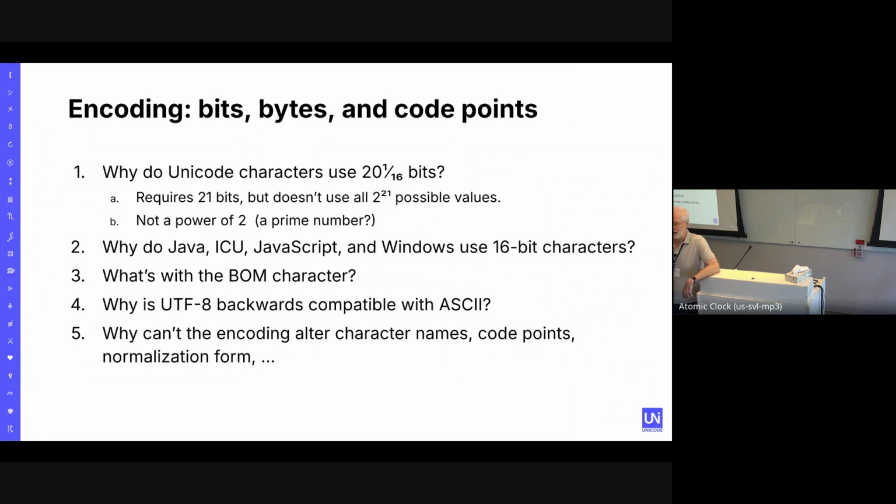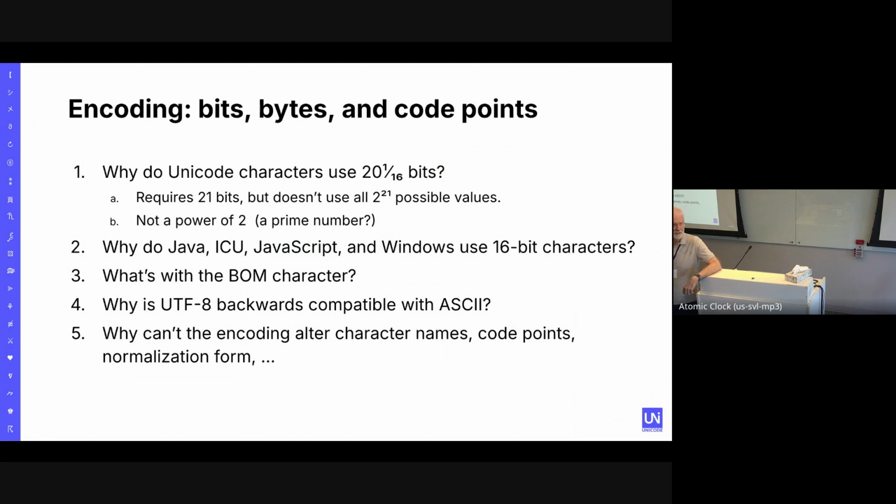And instead what we say is the character name is immutable. No matter what mistakes are in there, there's a character called word joiner. Well, that's not a really good name, but we're stuck with it. And instead what we have are aliases.